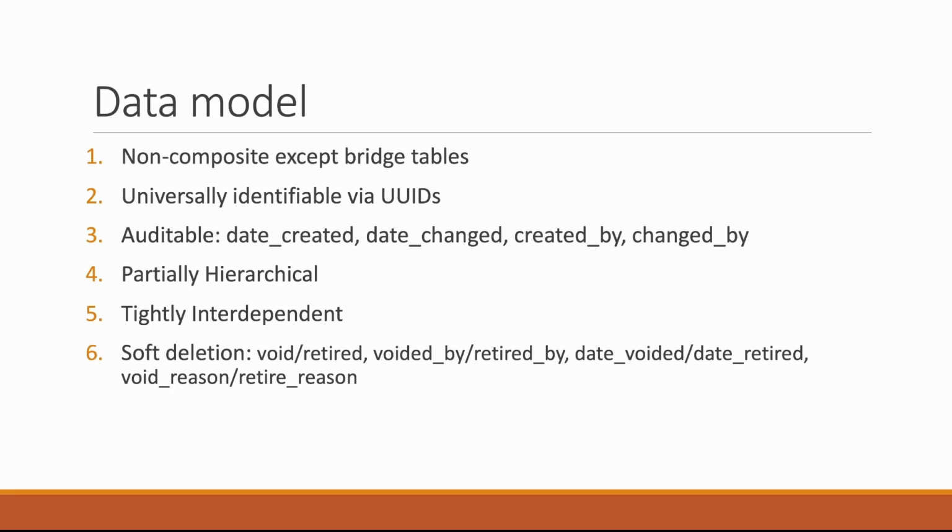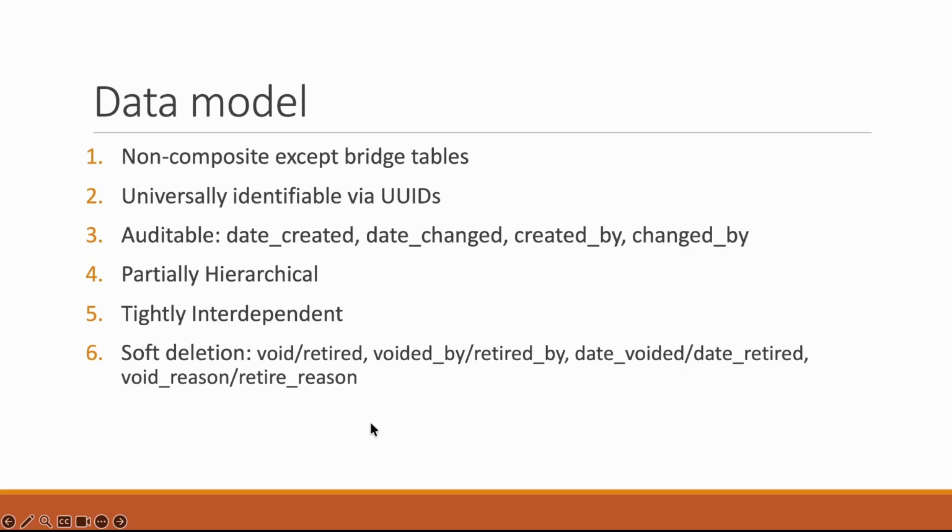Now, just like the data is auditable, the deletions are also audited. So when you remove a particular row from the data, OpenMRS records these three or four things. First of all, is the record voided? Who was the user who voided the record? When was this record voided? And what was the reason behind it?